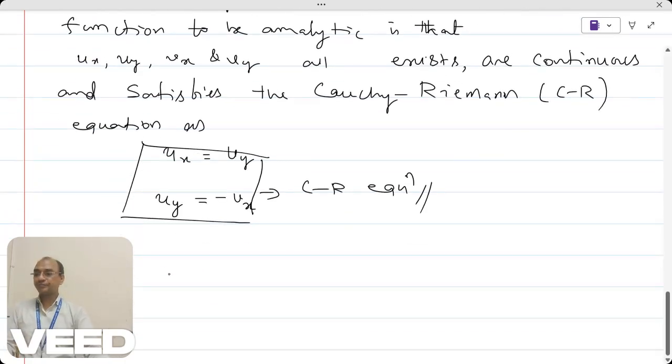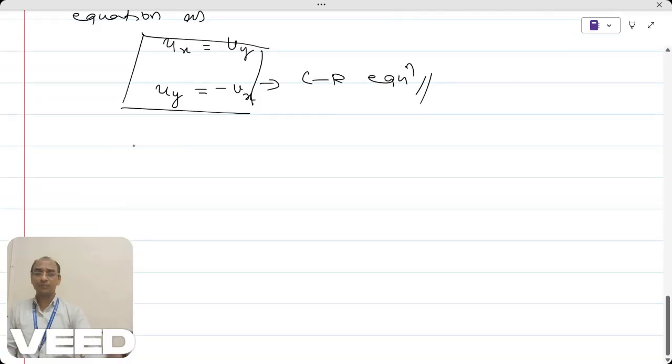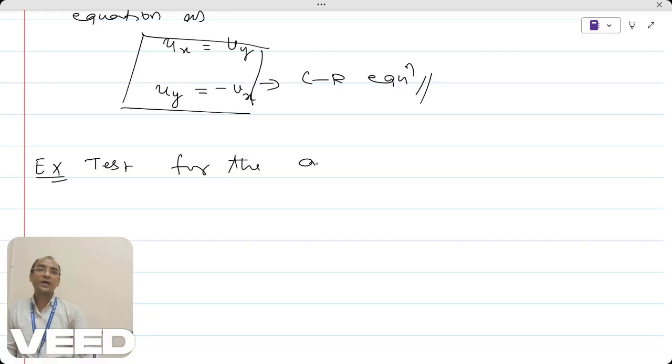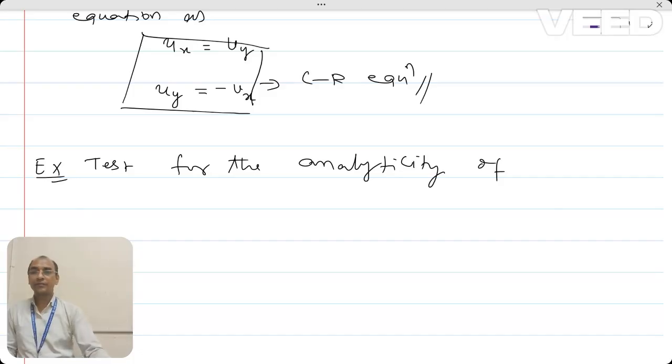For example, I will take a simple example. Test for the analyticity of f of z equal to z conjugate.